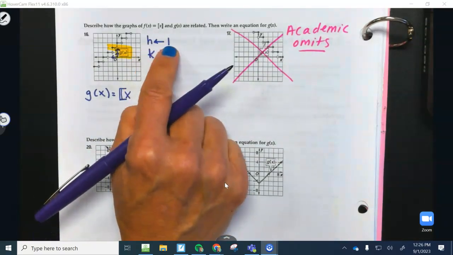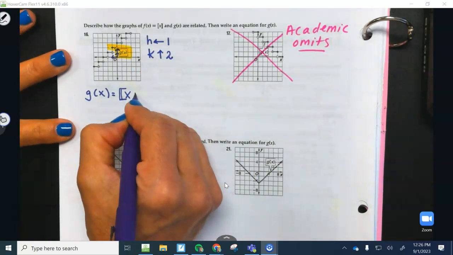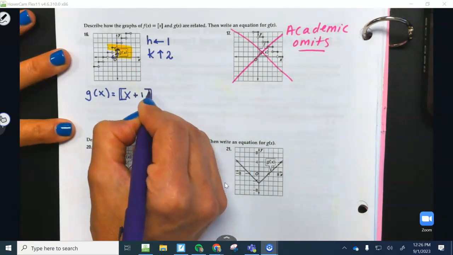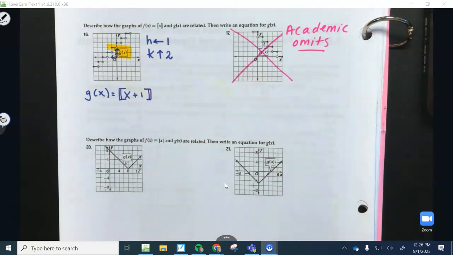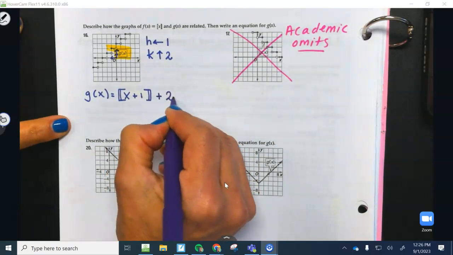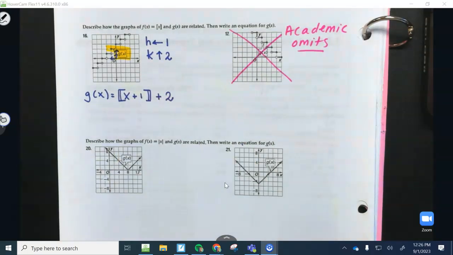So even though it is 1 place to the left, remember, we're going to write +1 inside the double brackets. And don't forget your k value of +2. And that's going to tell me it's 2 places above the origin. And that's how you do the greatest integer transformation. Do you guys have any questions on that? We are on page 44.